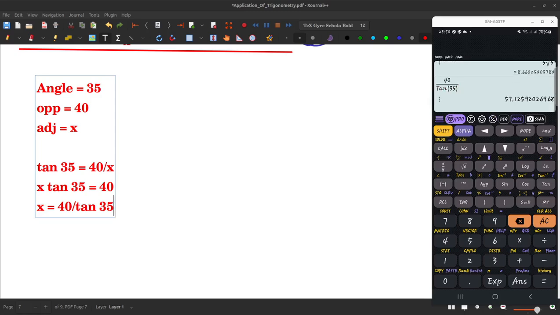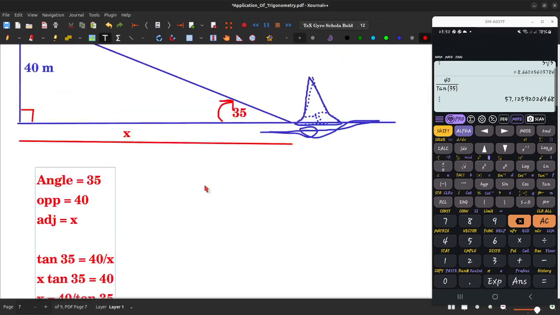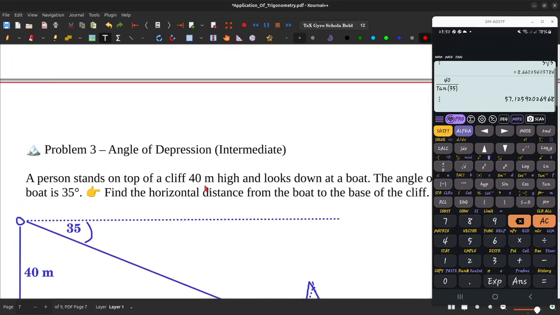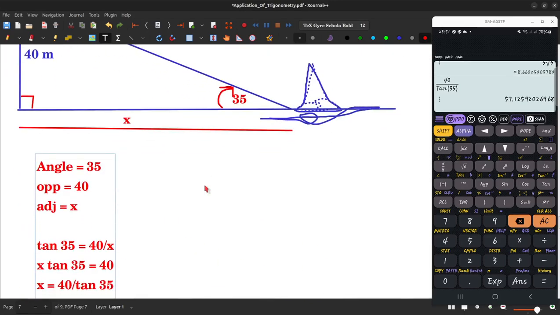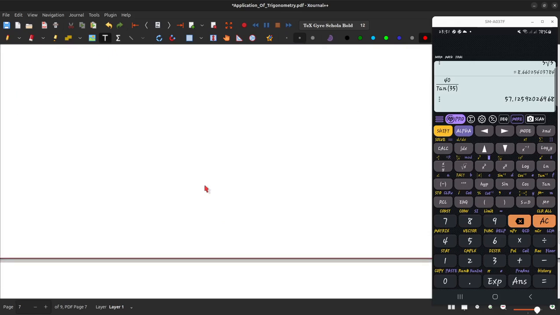It's giving us 57.1 meters. And that's the solution. Next question.